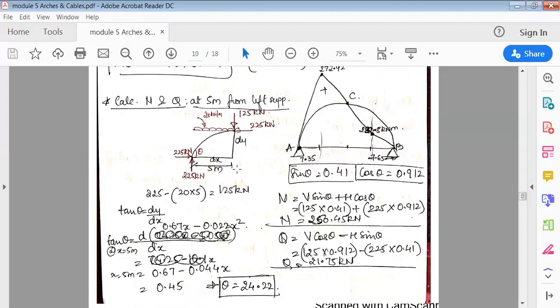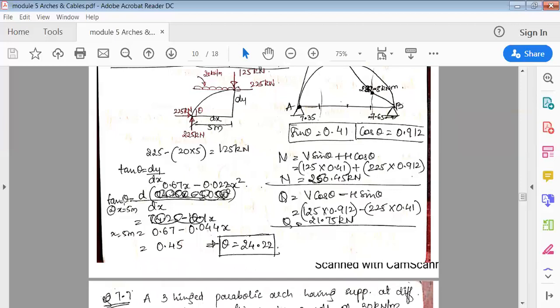Once you find this, then you find the angle theta. We know that tan theta is dy by dx, and we have also calculated the equation of y. So at x equal to 5 meter.